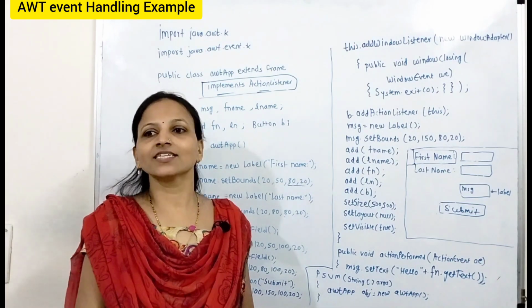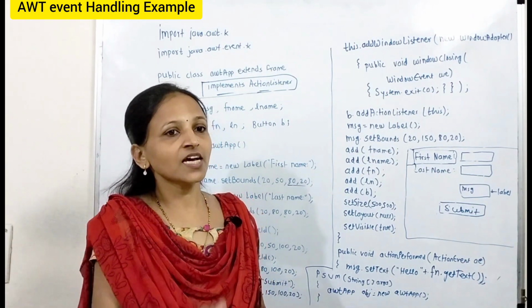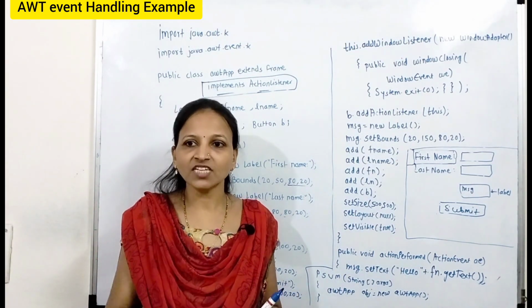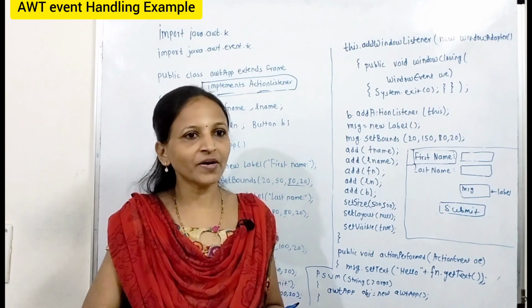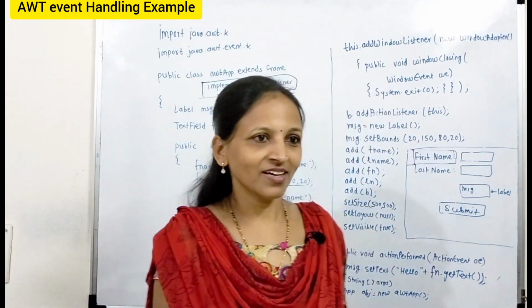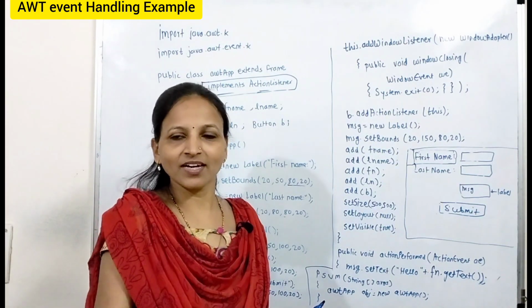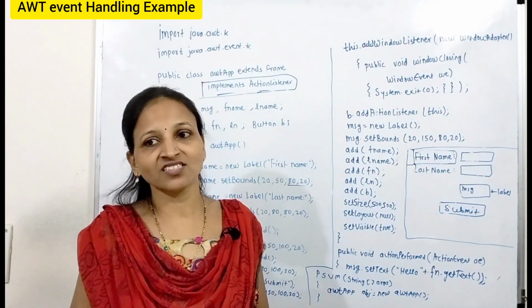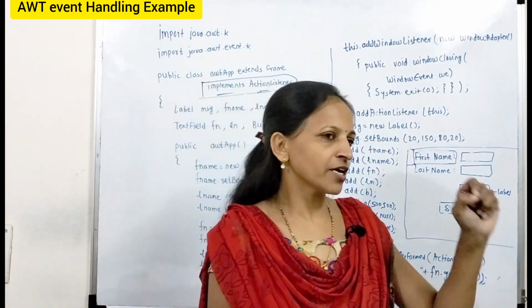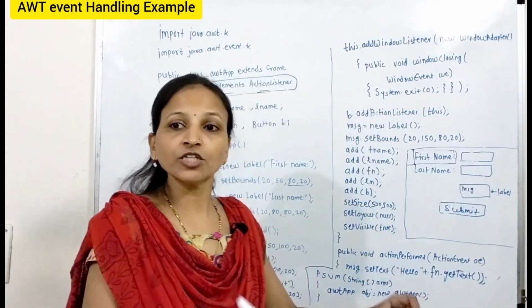See, window listener is there. That window listener has multiple events like window closing, window closed, window opened, window opening. Opened means after opening. Opening means at the time of opening. Like this, multiple window events are there. From that, whenever we are trying to close the window, what should be done?